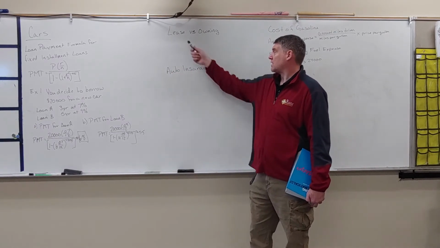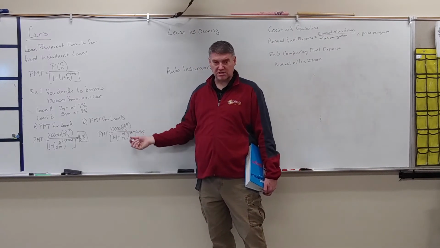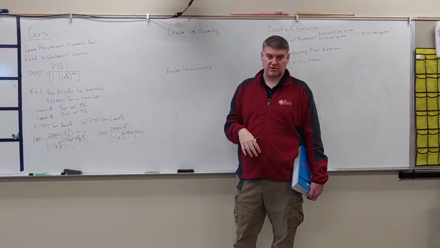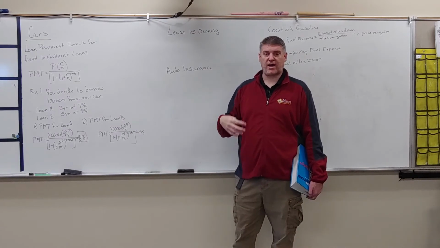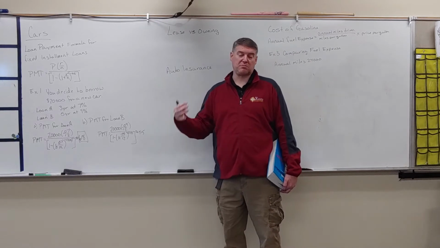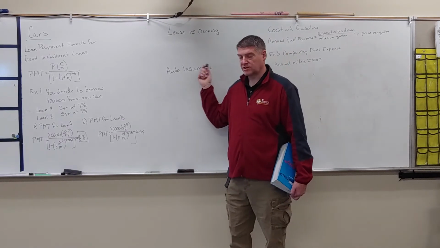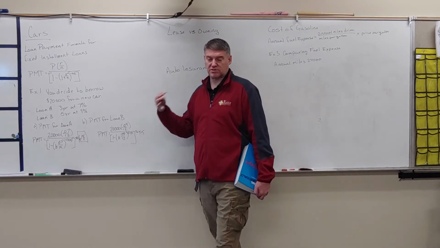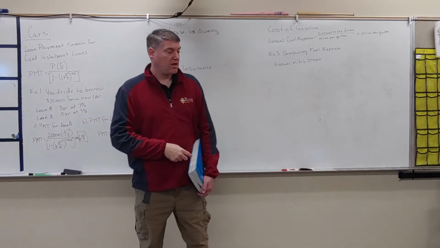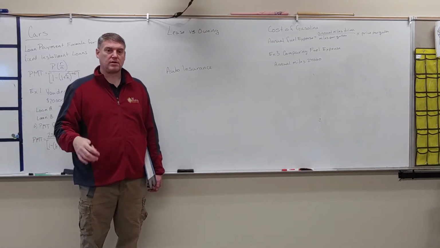If you are leasing or in the process of purchasing it, you have to have full coverage on your car. That means if the car gets damaged, it's there to be able to pay for it. Once you own it outright, you can change your auto insurance to be something else. So that all goes into the cost of car ownership.